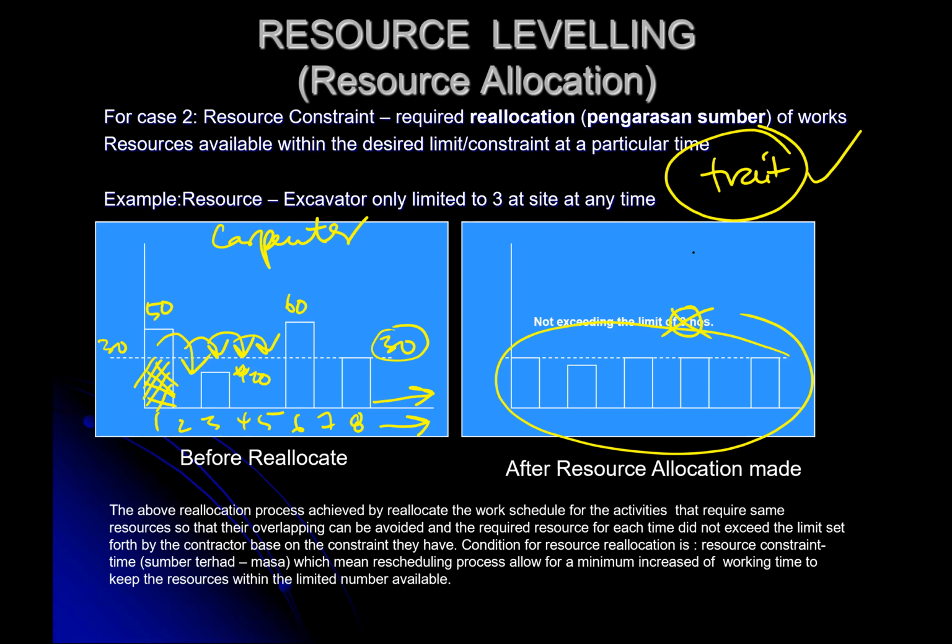So resource leveling. In resource leveling, whether contractors realize it or not, they have been applying this for a long time. Example, tower crane. In one project, for instance, in a very tight space, normally we can only put one tower crane. Even though in real scheduling, certain months we might need 2, other months we might need 3. You see, but then there is an issue with the space.